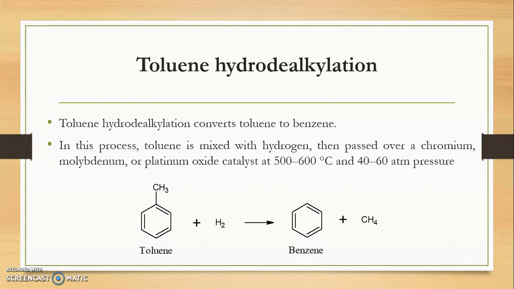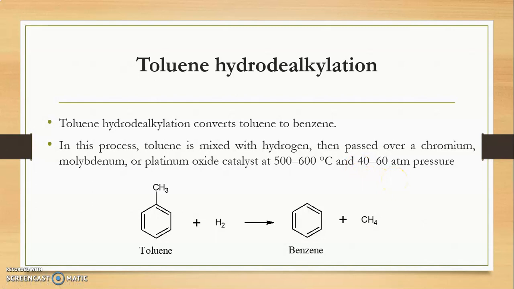Now here you can see what this process is. In this process toluene is mixed with hydrogen, then it is passed over chromium or molybdenum or platinum oxide as a catalyst at 500 to 600 degrees Celsius and at 40 to 60 atmospheric pressure.